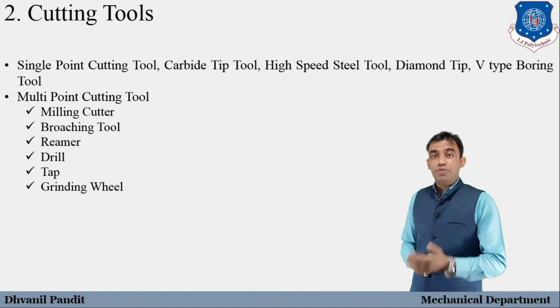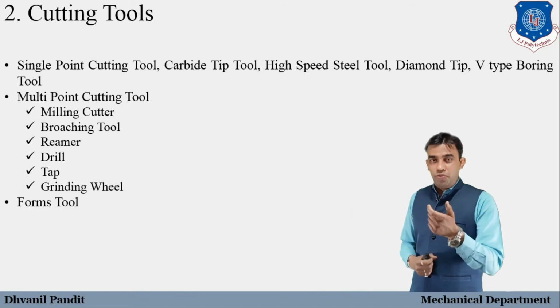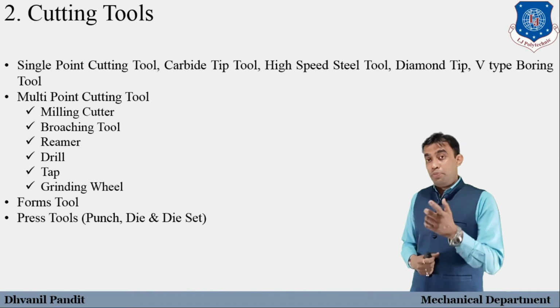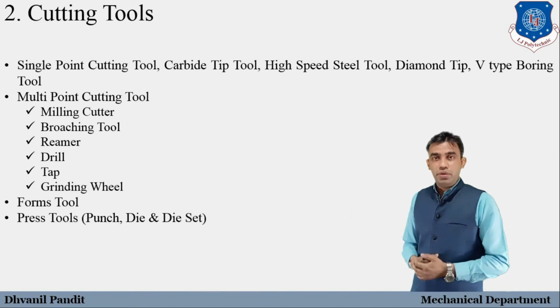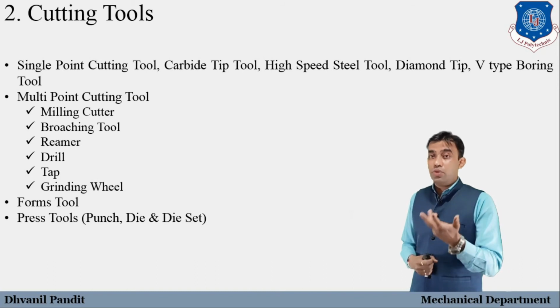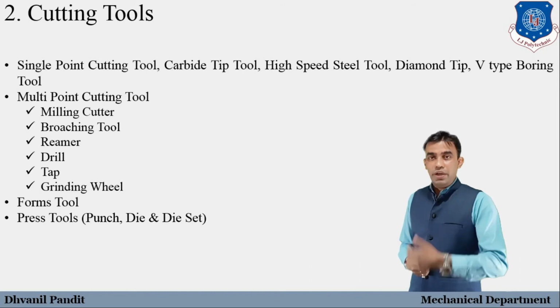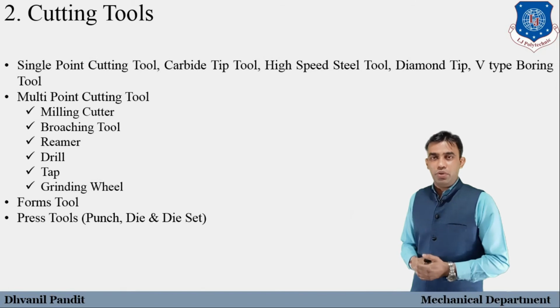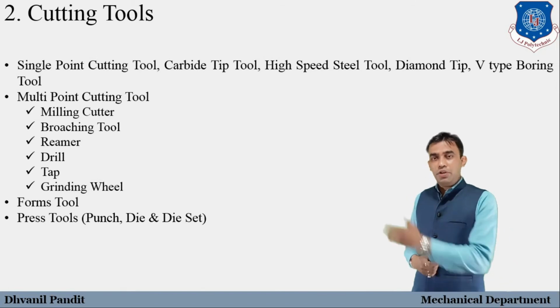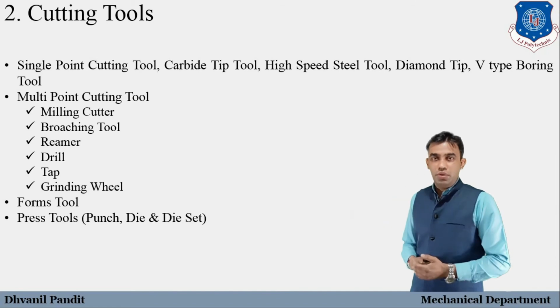Even in the case of cutting tools, there are form tools as well as press tools, and press tools include punch, dies, and die sets. So press tool is also one of the important criteria for a tool engineer, or I can say tool design. Right? So these all we can consider as a part of cutting tool.